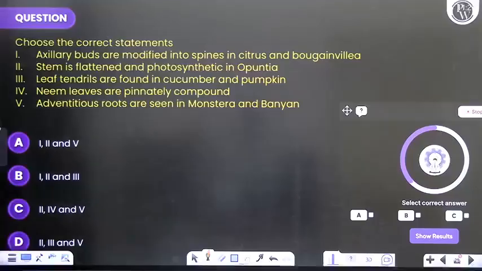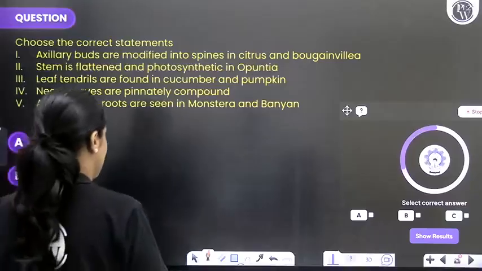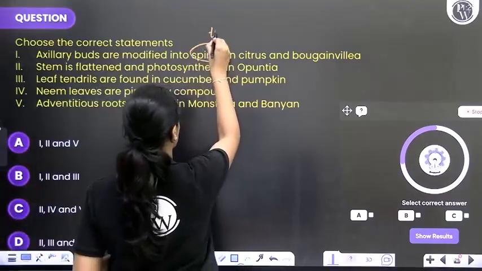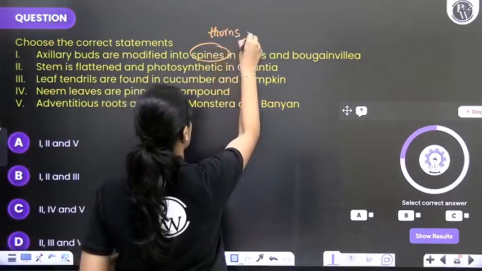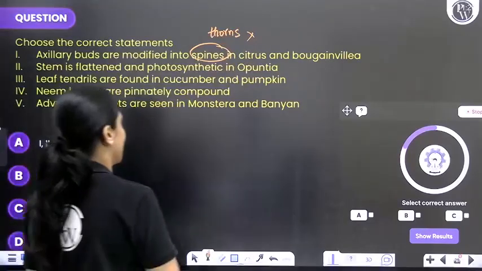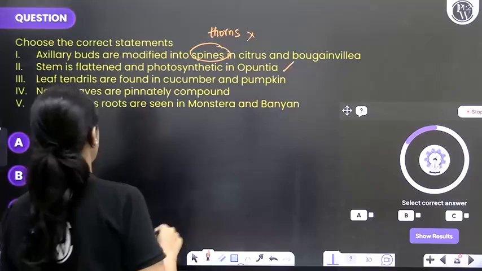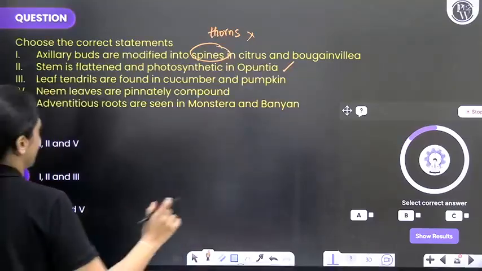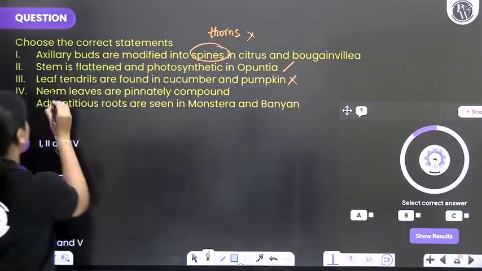Axillary buds are modified into spines in citrus and bougainvillea. Are they modified into spines or into thorns? This is wrong. Stem is flattened and photosynthetic in Opuntia. Yes. Leaf tendrils are found in cucumber and pumpkin. No. Tendrils are found, but they are not leaf tendrils.